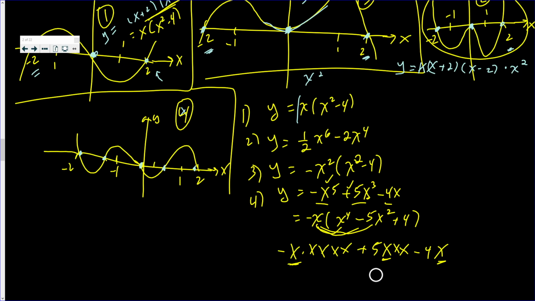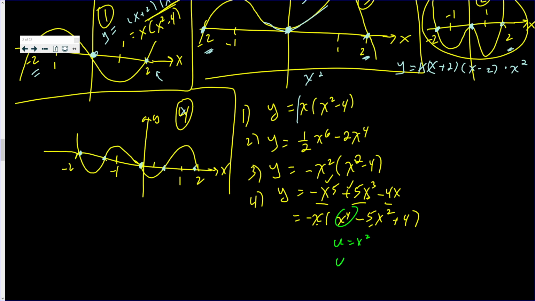Now what's in the brackets is a quadratic equation. If we let u equal x squared, then u squared will be x squared squared, which is x to the 4th. So that's u squared minus 5u plus 4.